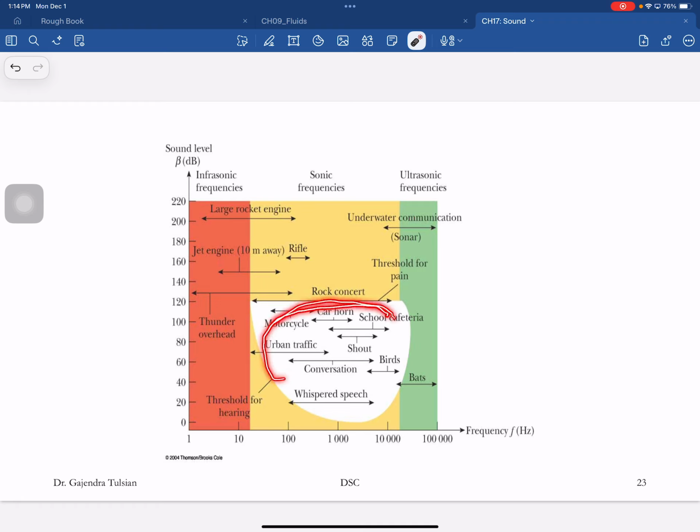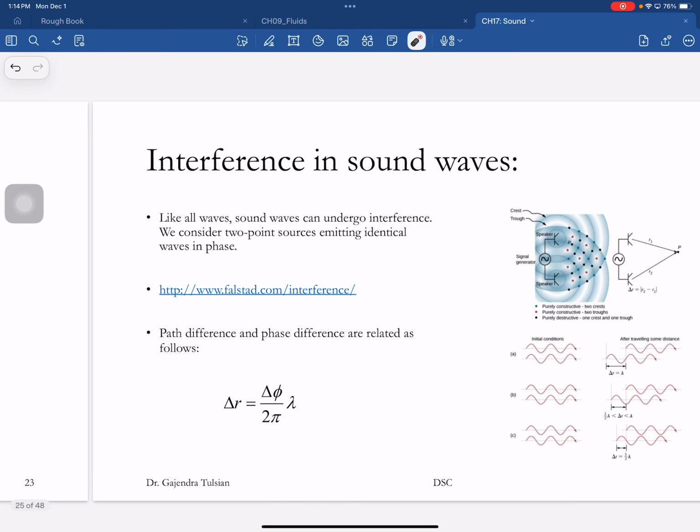The white area is what you can hear. Sonar is underwater communication. Here's a large rocket engine. Bats use ultrasonic waves for echolocation, and so on.